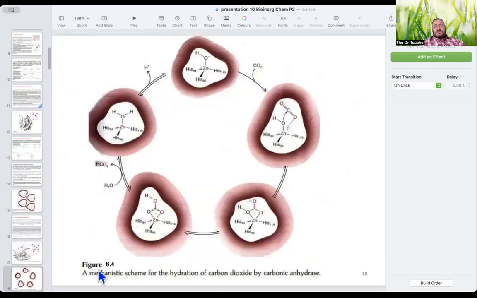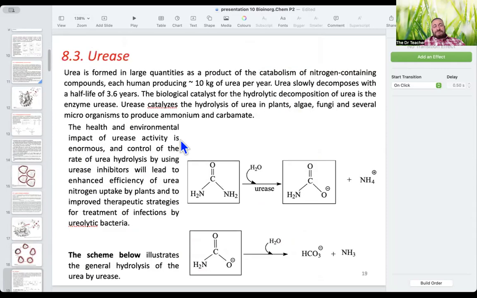This is how carbon dioxide is introduced, changing the structure, and then water is introduced, releasing carbonic acid, which loses one proton to return to its normal condition. So this is the carbonic anhydrase mechanism, a scheme for hydration of carbon dioxide.